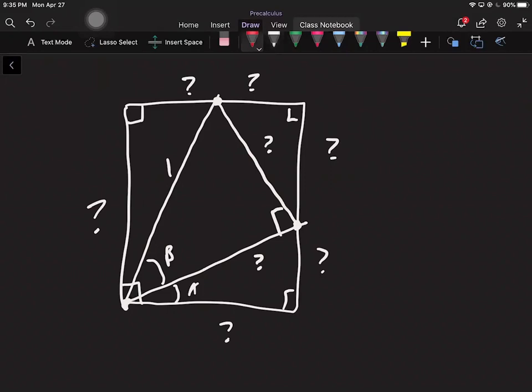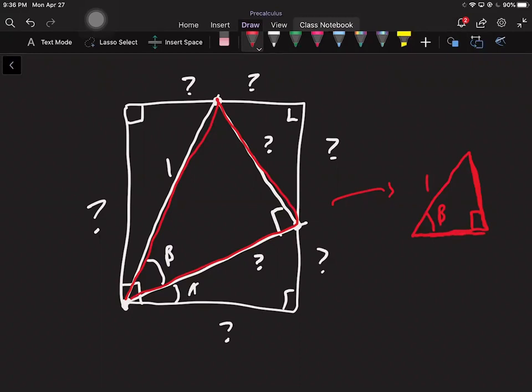So the first thing we're going to do is we're just going to think about this inner triangle here, which I'll outline in red. So let's think about that triangle. And let's think about if we could see how long each side is.